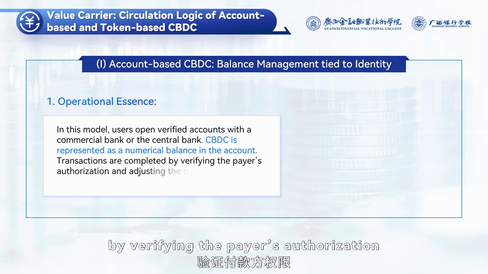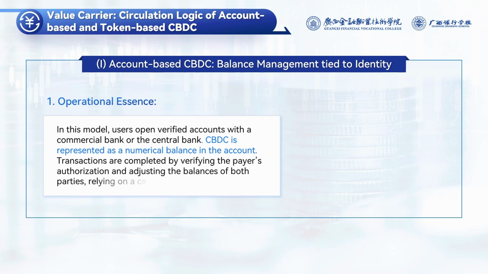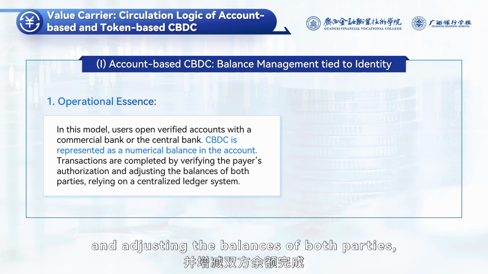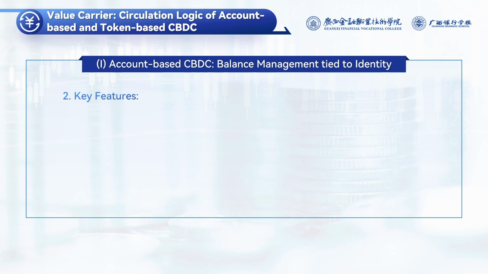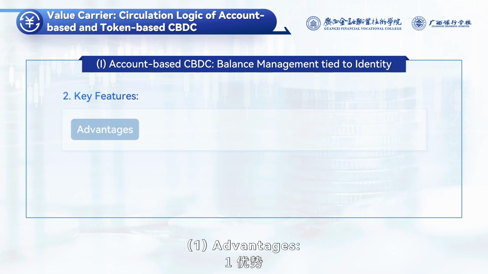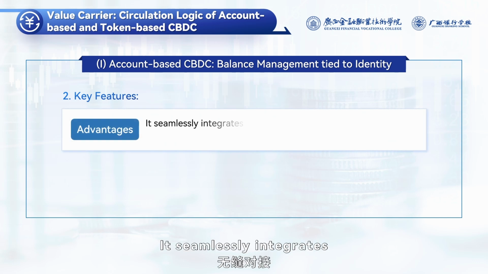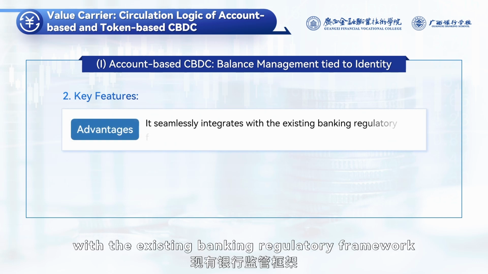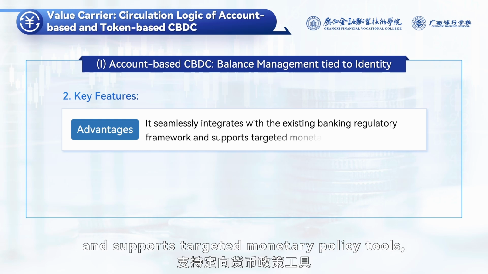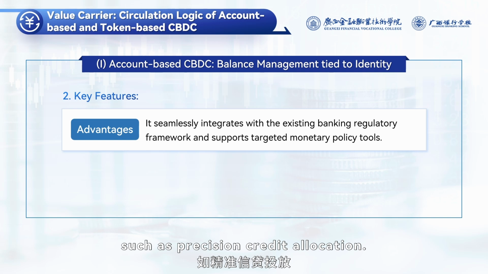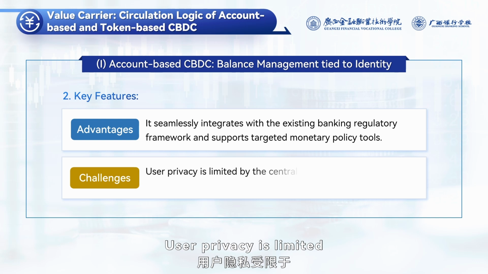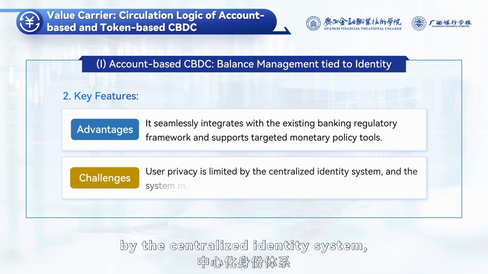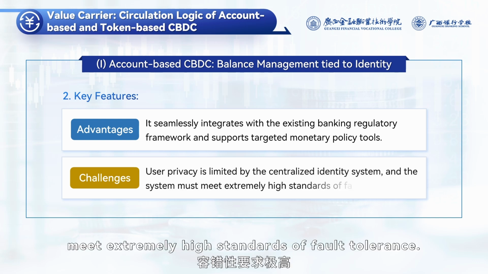Transactions are completed by verifying the payer's authorization and adjusting the balances of both parties, relying on a centralized ledger system. Two key features. 1. Advantages. It seamlessly integrates with the existing banking regulatory framework and supports targeted monetary policy tools, such as precision credit allocation. 2. Challenges. User privacy is limited by the centralized identity system, and the system must meet extremely high standards of fault tolerance.